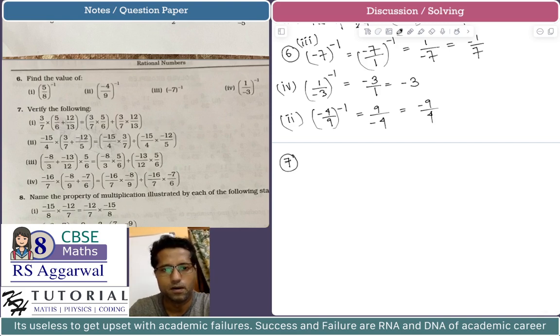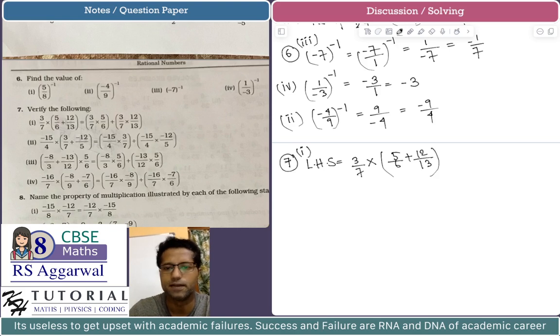Okay, these are the verify the following questions. We have to verify that the left hand side is equal to the right hand side. I am skipping some steps, I hope you will understand. I am directly writing the given LHS, this is part 1. LHS is equal to 3 by 7 multiplied by 5 by 6 plus 12 by 13.